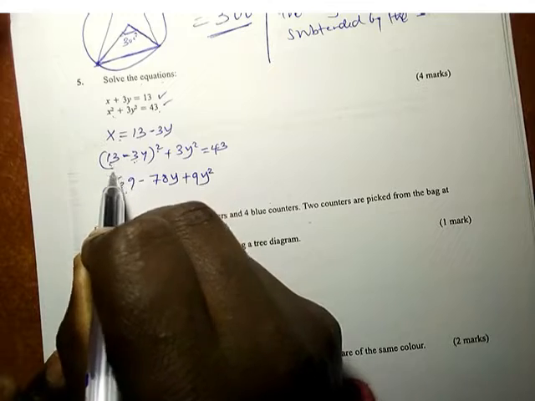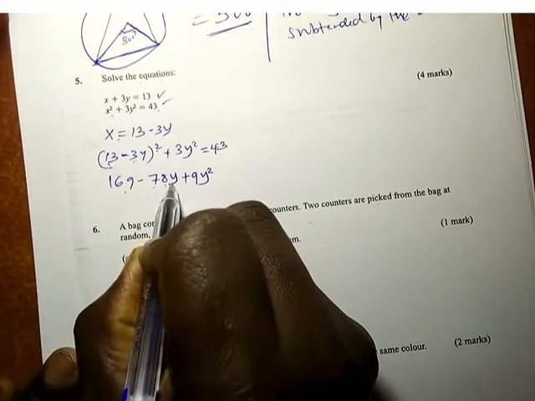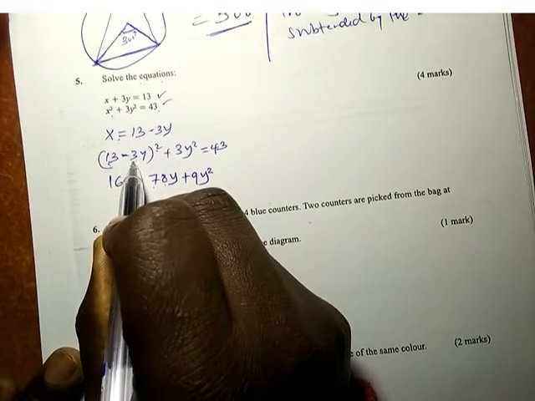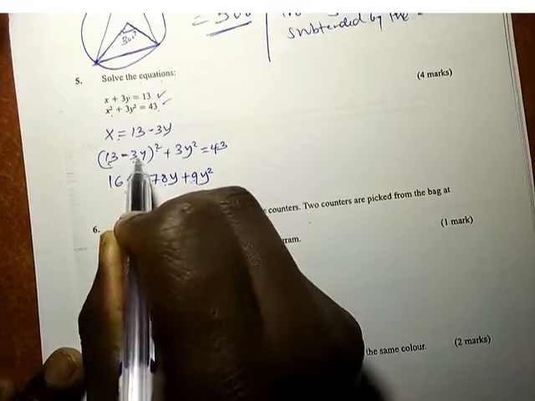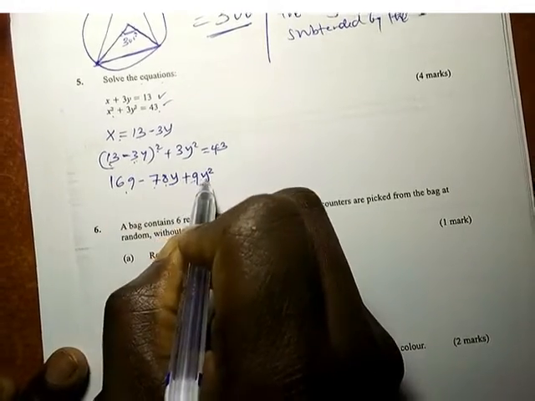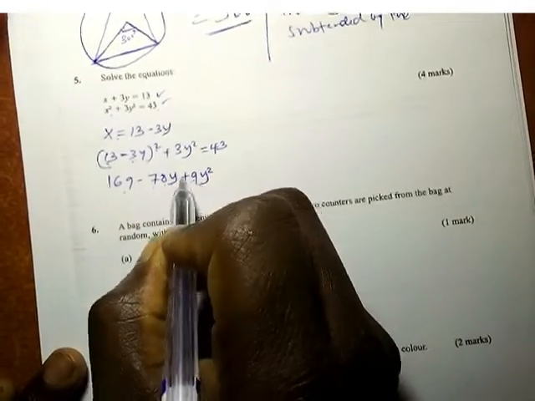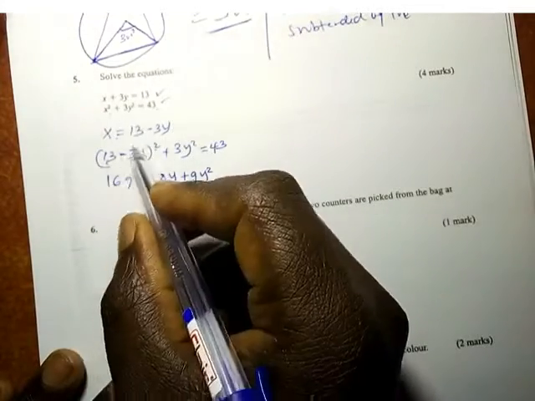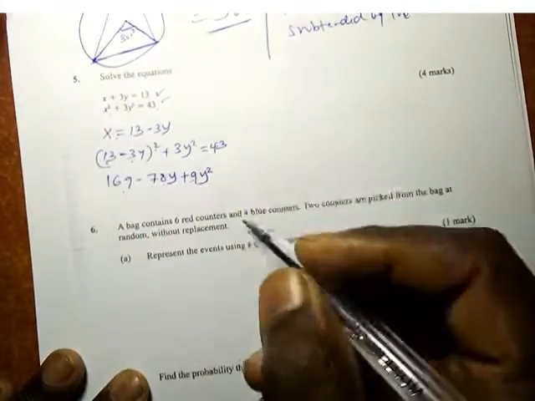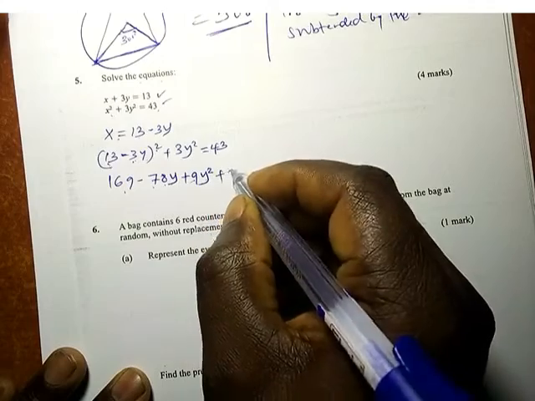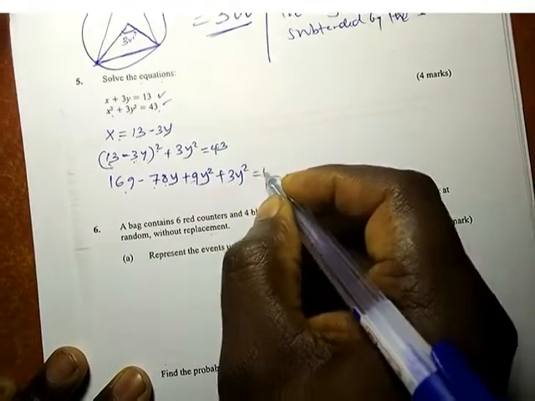Negative 39 times 2 is negative 78y. Negative 3 squared is 9. Negative y squared is y squared. If you don't know that, you can expand manually. Plus 3y squared is equal to 43.